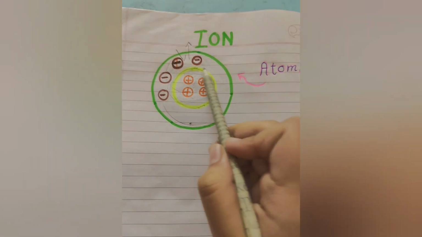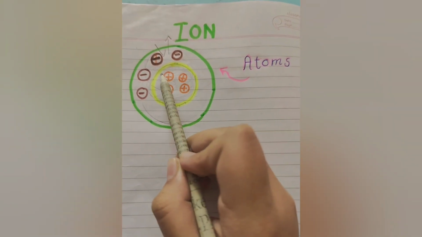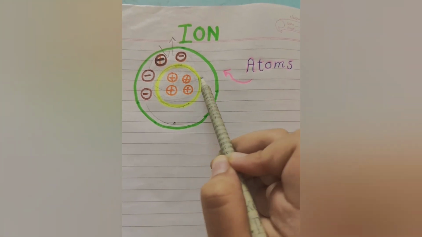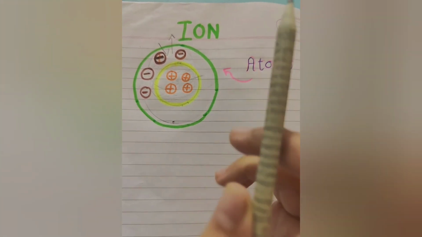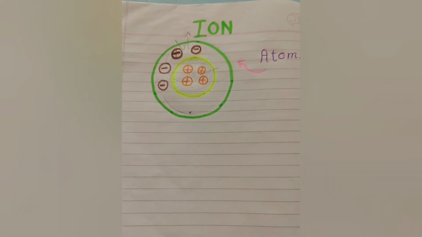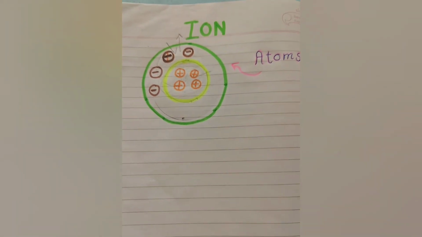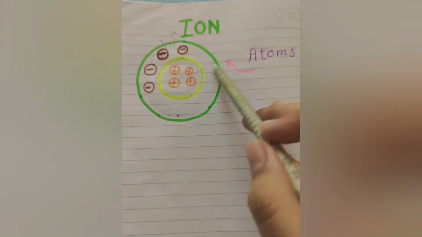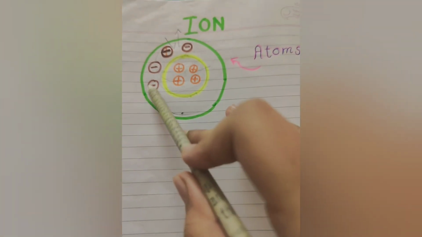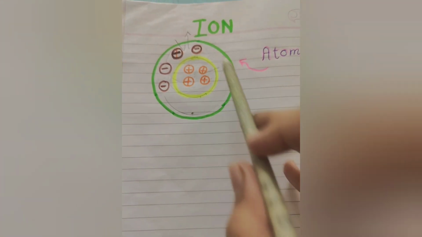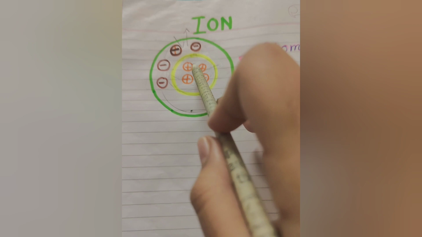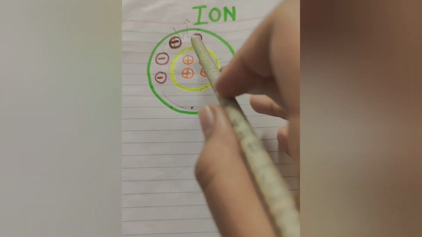Because they are present deep inside the nucleus. They can't move much far away from this nucleus. So they don't have the capacity to get transferred in and out of the atom. But electrons do have this capacity because they are present outside the nucleus.